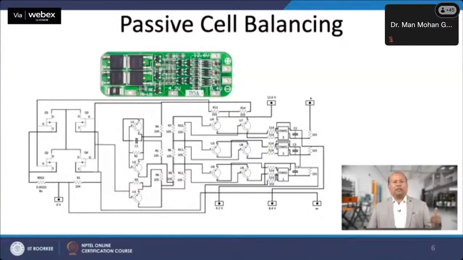Once the battery reaches its limit, the switching MOSFET activates and the current takes the resistive path until all the cells come to the same voltage. Once one of the cells reaches the peak charge voltage of 4.2 volt, the protection IC activates and stops the charging operation of the battery module.